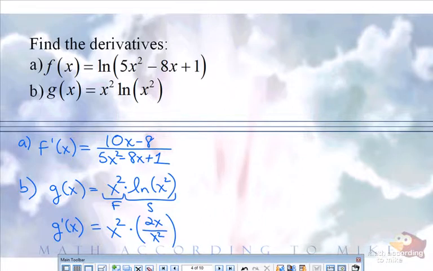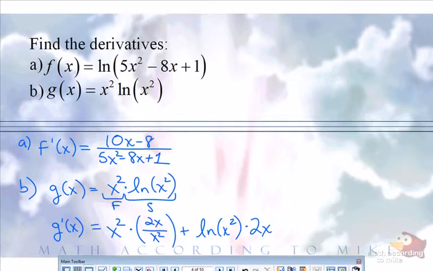What operation comes next? Plus the second, natural log of x squared, times the derivative of the first, 2x. Awesome. So 2x over x squared simplifies as what? 2 over x.